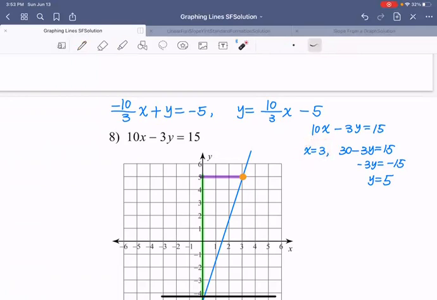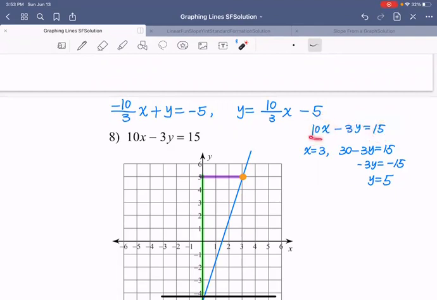Now we see here, this is divisible by 5. This is also divisible by 5, right? So this will also be divisible by 5. You see what I mean?